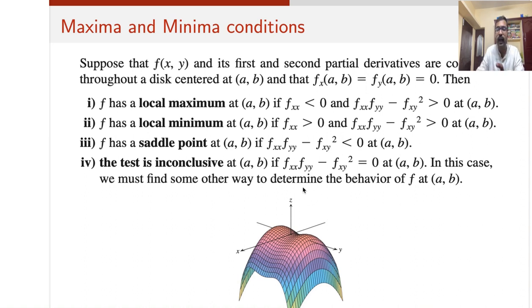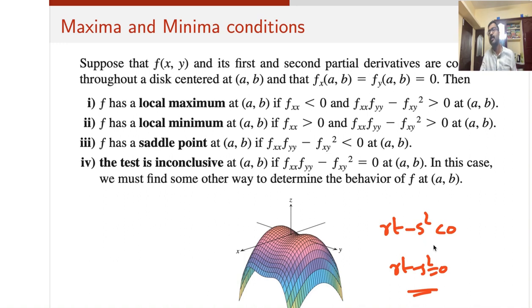The saddle point case occurs if rt minus s square is less than 0. If rt minus s square is equal to 0, this just cannot be done; you will have to use other methods, but it is not in your syllabus. Only the cases of rt minus s square greater than or less than 0 will come in your syllabus. So this is the idea.